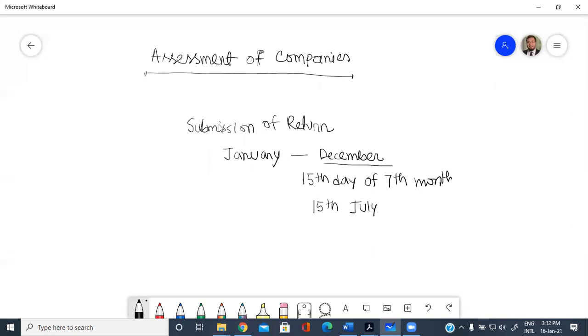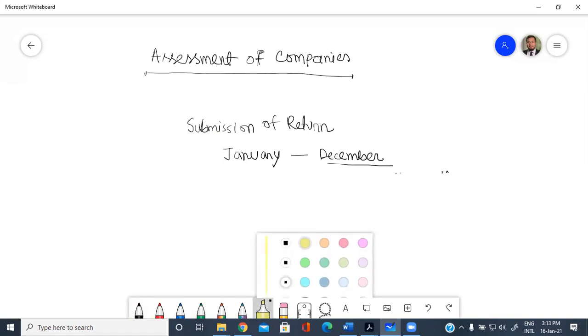Have you recognized that there's a difference between the deadline applicable for the individual SSC and the company SSC? Yes, sir. Okay. Can you recall that we used to follow some specific forms for submitting income tax return for individual SSC?